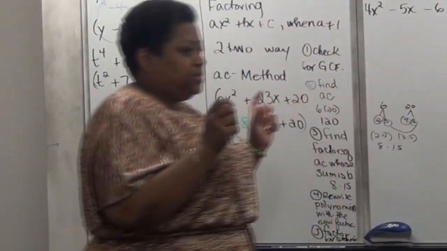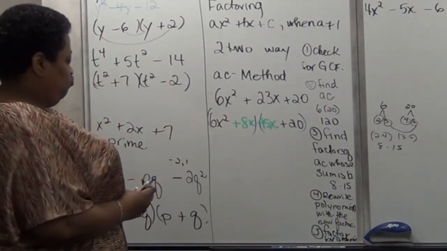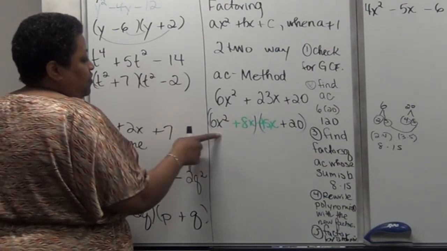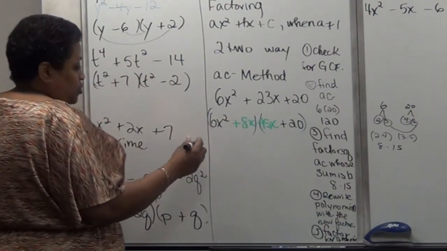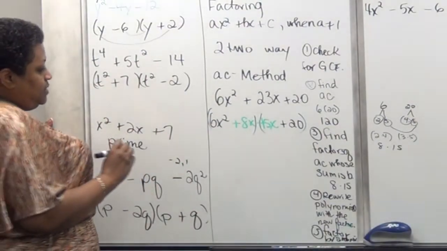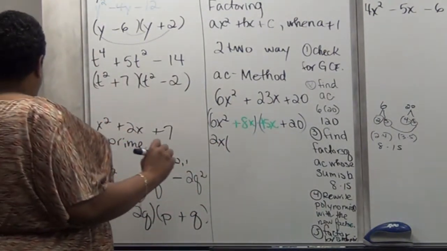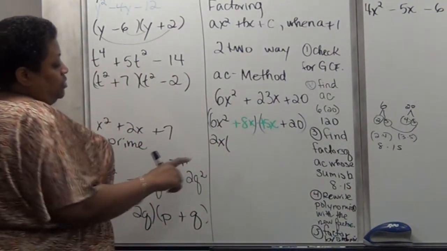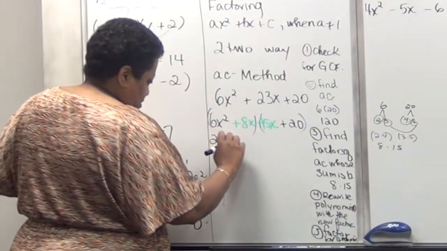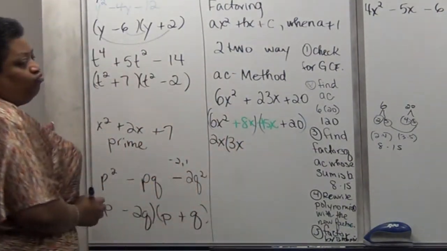Group them by 2s. Find the GCF in this group, which is what? What number goes into both of these evenly? 2x. So 2x times what gives you this? 3x. 2x times what gives you this? 4.